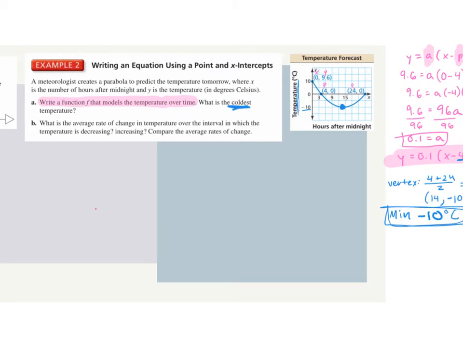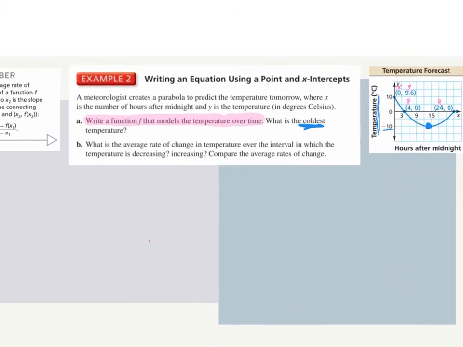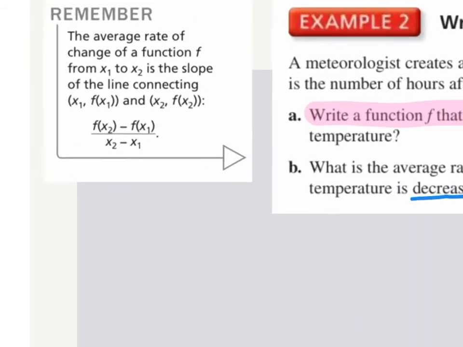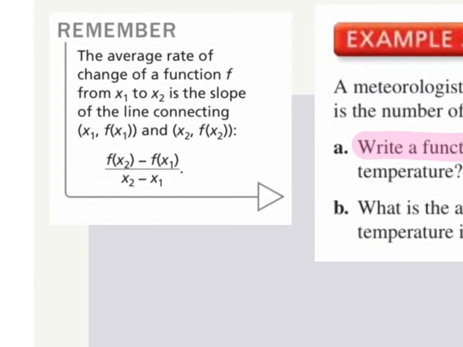Now we need to look at part B. So here we're doing something new. It's asking us for the average rate of change in temperature over the interval in which the temperature is decreasing and increasing, and then we need to compare the average rate of change. So first thing we need to do is find the average rate of change when it is decreasing. So our average rate of change, if we look over here to the left, is this formula.